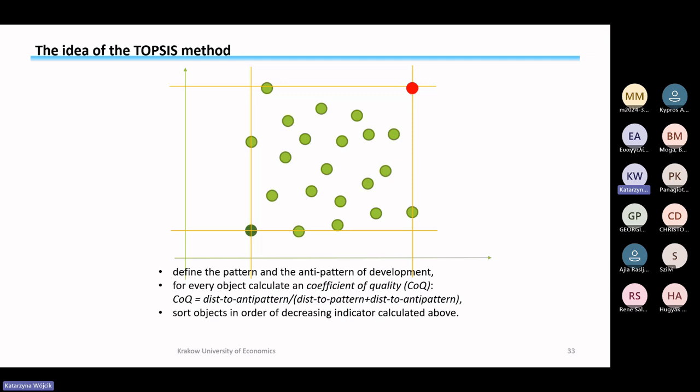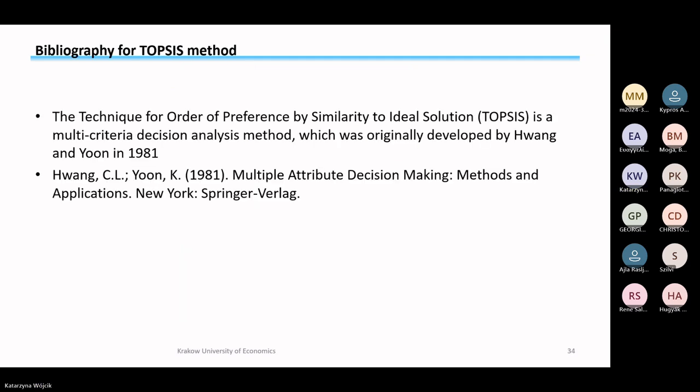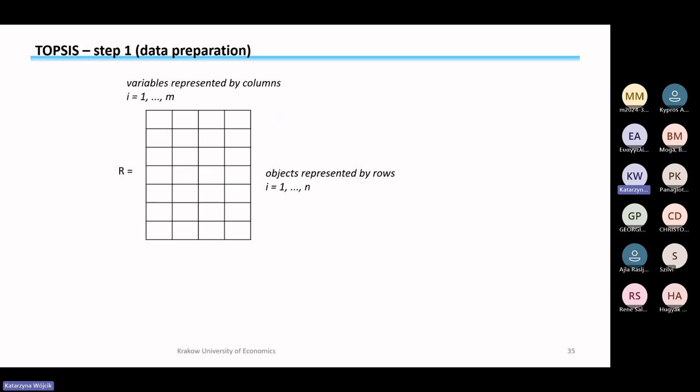And then we sort objects in order of decreasing indicator. So this indicator represents a coefficient of quality, so we expect quality to be as high as possible. These are a few bibliography resources for the Topsys method.